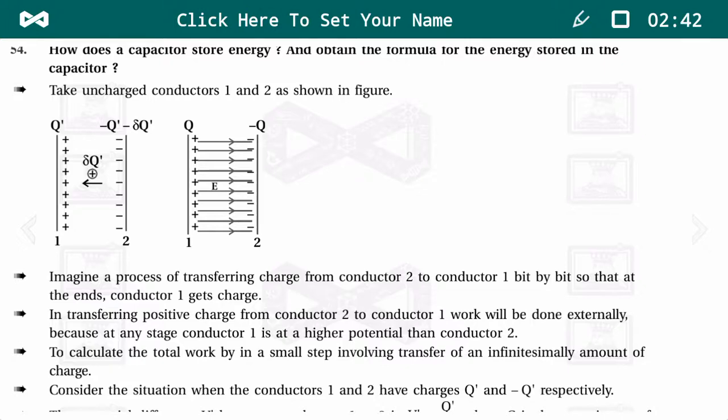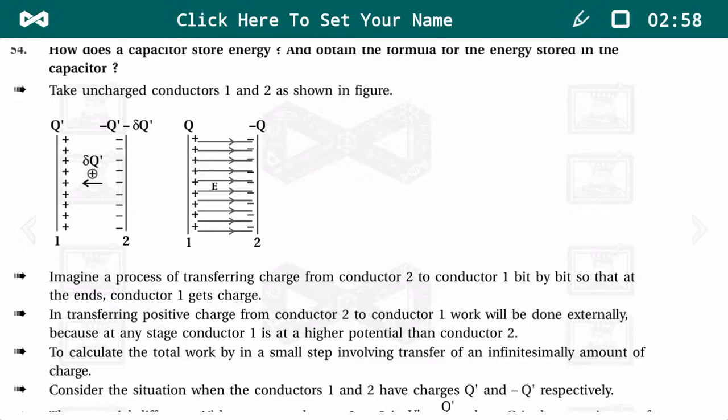So here work is done, because at any stage conductor 1 is at a higher potential than conductor 2. It means plate 1 has higher potential.